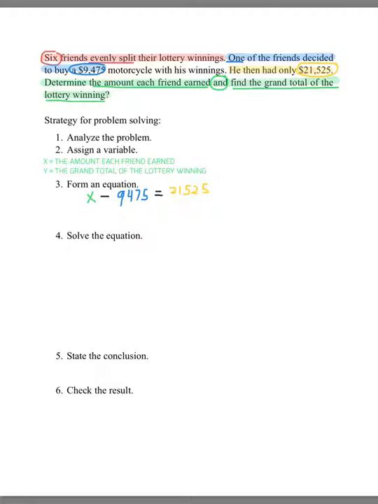So now let's go ahead and talk about the second equation. Now the second equation, we ideally want to focus on the grand total of the lottery winnings, which is represented by variable y. And that's going to have a relationship to the amount that each friend made. So now the question is, what's bigger, the amount each friend made or the grand total of the lottery winning?